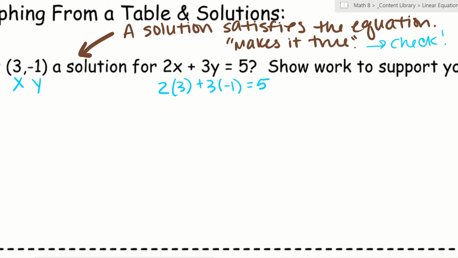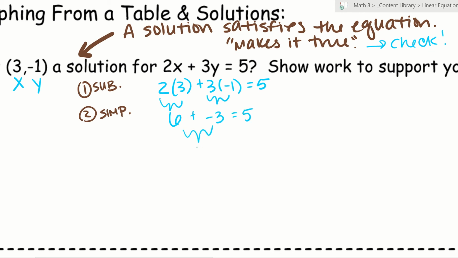So first, we substitute. Then we're going to simplify. 2 times 3 is 6. 3 times negative 1 is negative 3. 6 plus negative 3 is 3. So, is it true? No.